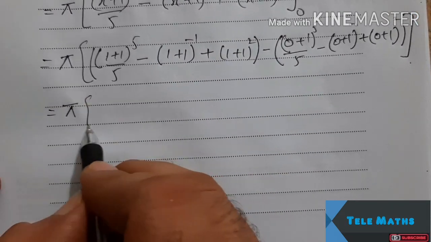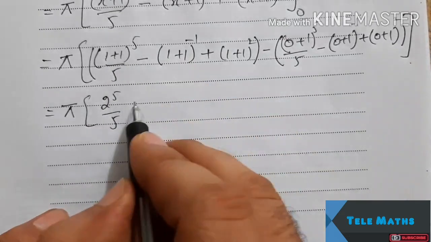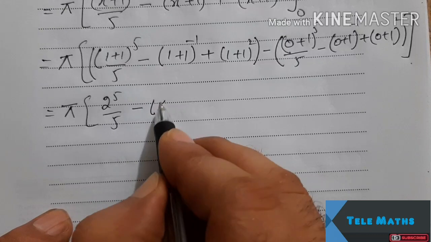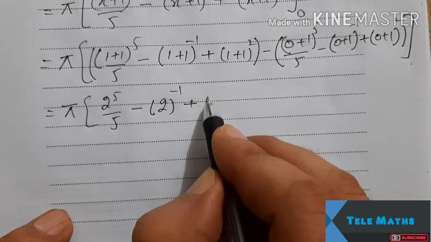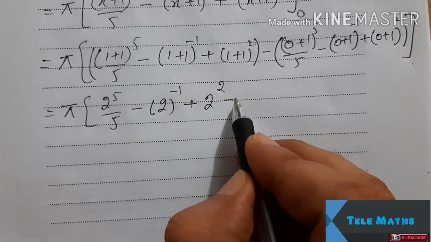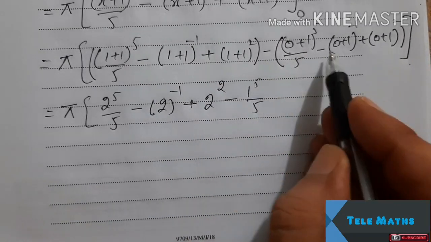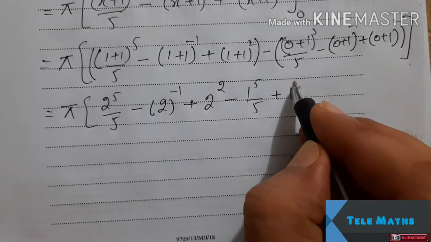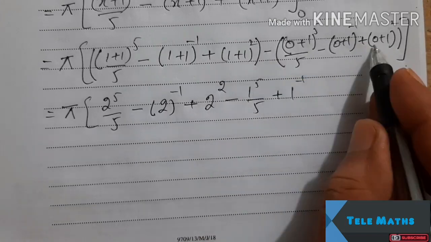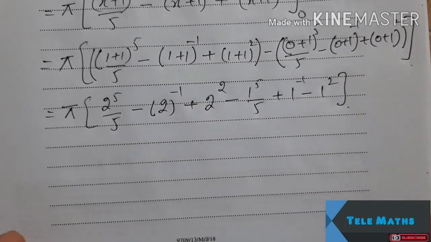So pi, this will become 2 raised to power 5 over 5 minus 2 raised to power minus 1 plus 2 raised to power 2, minus 1 raised to power 5 over 5. This minus will make this plus 1 raised to power minus 1, and this minus will make it plus minus 1 raised to power 2.